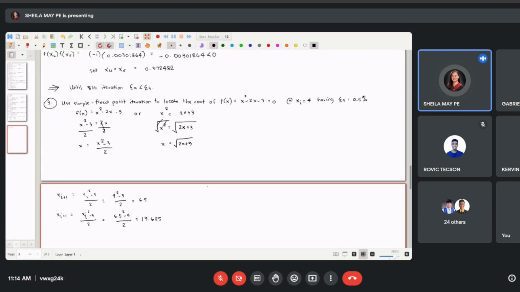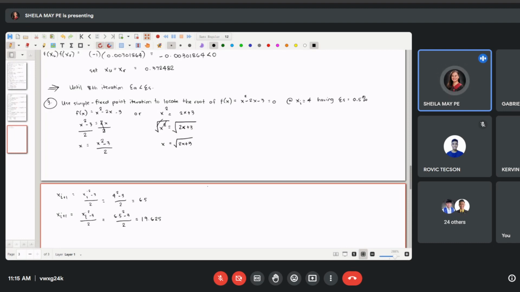I calculated it here. If you can use your calculator, that's mode 5, equation, and you pick number 3 and it will come with A, B, C after you enter.